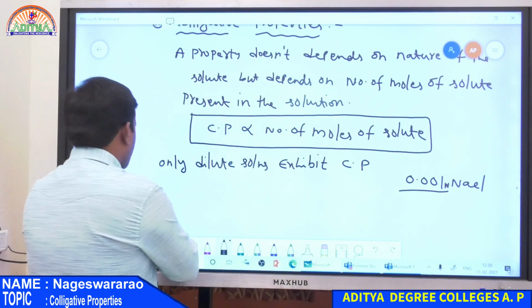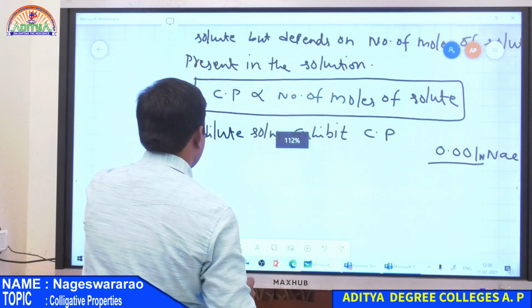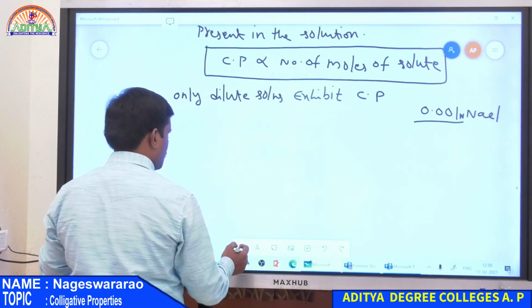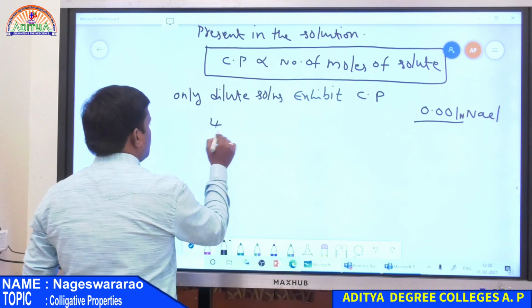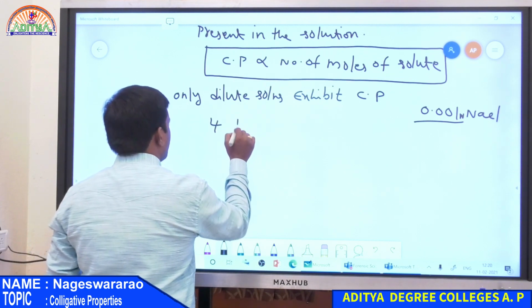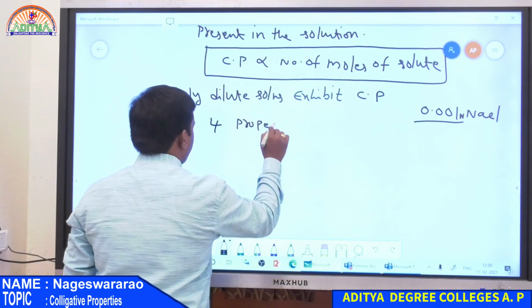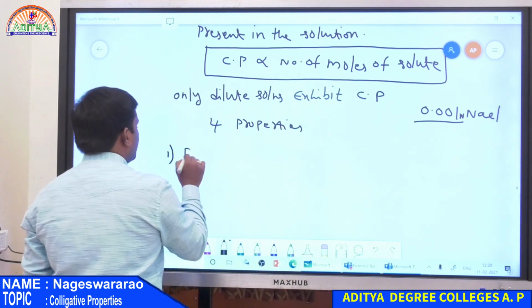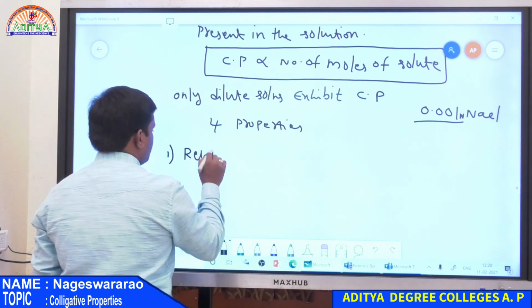There are totally 4 colligative properties. First one is relative lowering of vapor pressure.